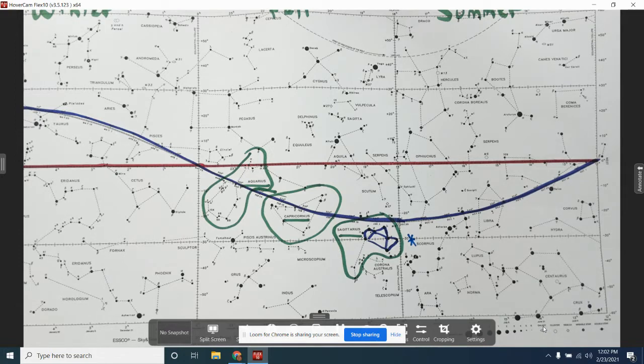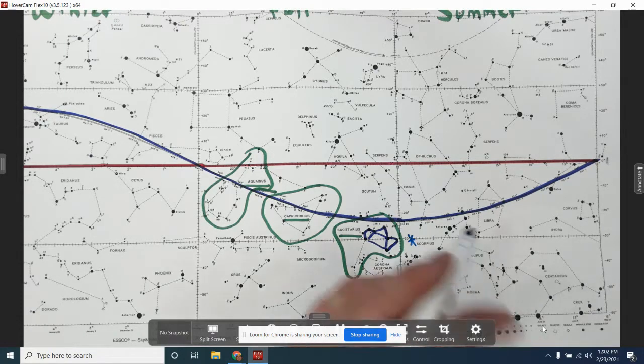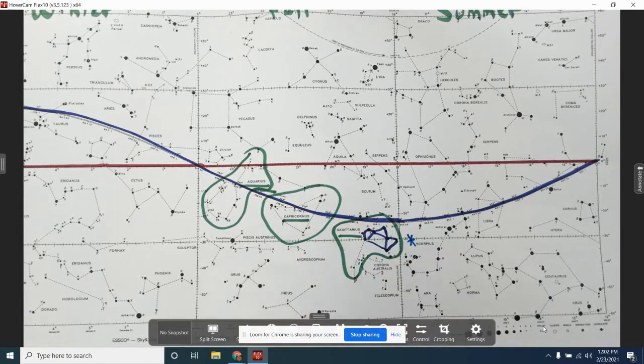They all orbit around the center of our galaxy. And inside the center of our galaxy is a supermassive black hole with a mass of about 4 million times the mass of the sun. Okay? So when you look in this direction, you are looking through the plane of our galaxy directly towards the supermassive black hole. It's kind of neat to think about. All right, so that's that guy there.